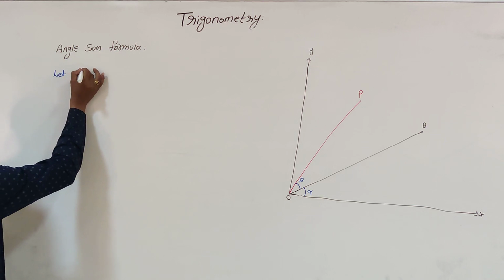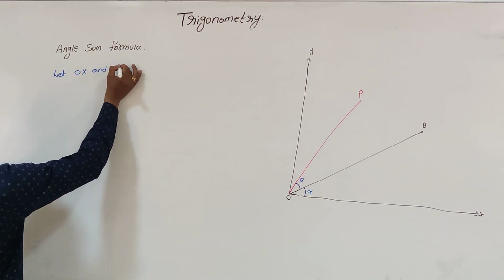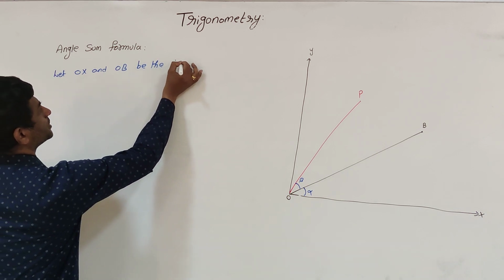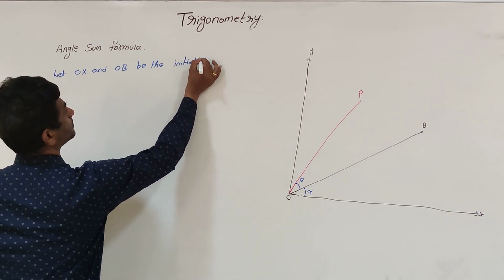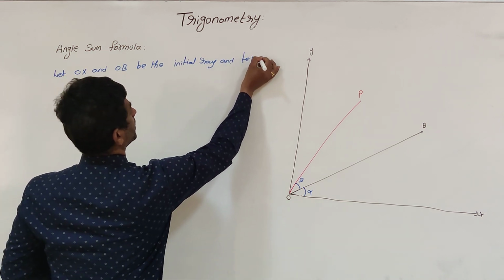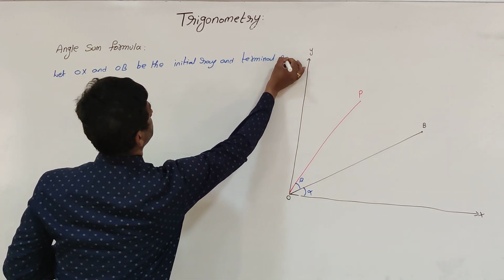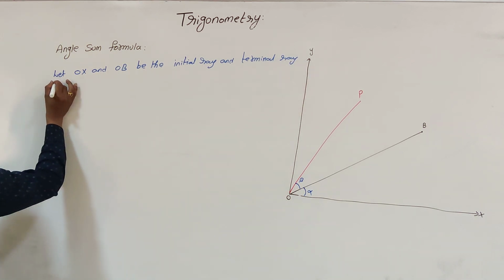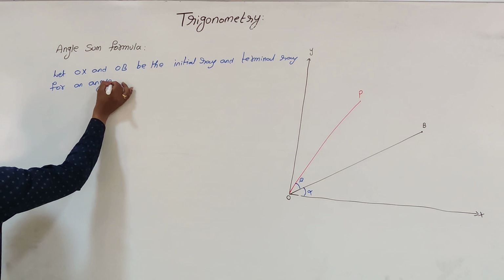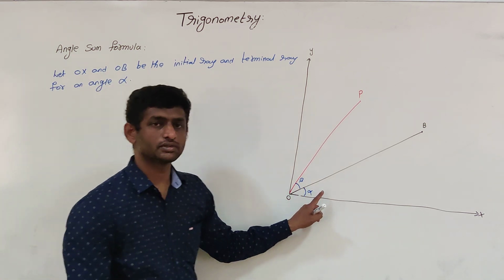Means let us construct, let OX and OB be the initial ray and terminal ray for an angle alpha, that we are considering.